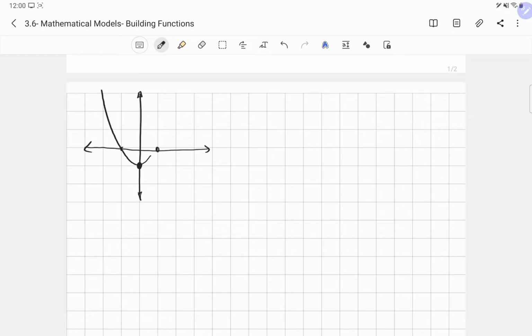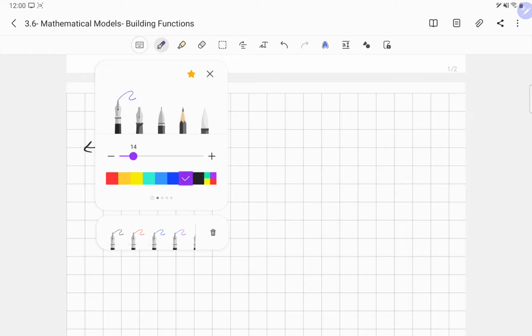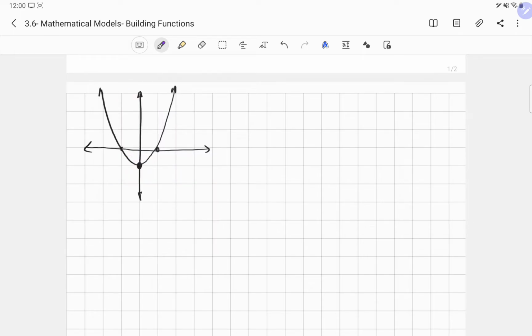Okay, and what this question's asking for is for us to find the distance from any point on the graph to the center of the grid. So we're trying to find the distance from a point anywhere on this curve to the center. Okay, and we want to do that by finding some equation that we can relate it to.